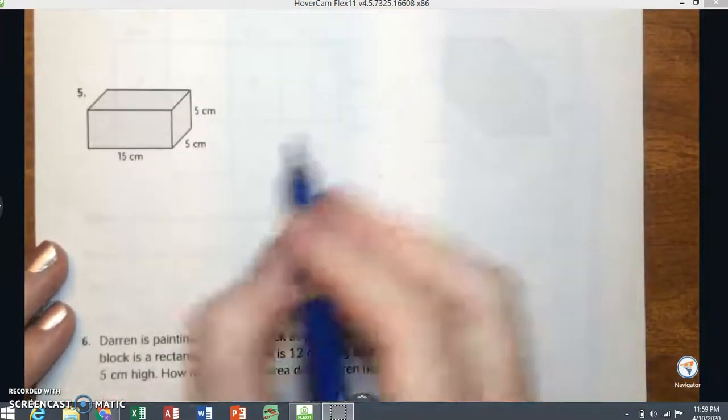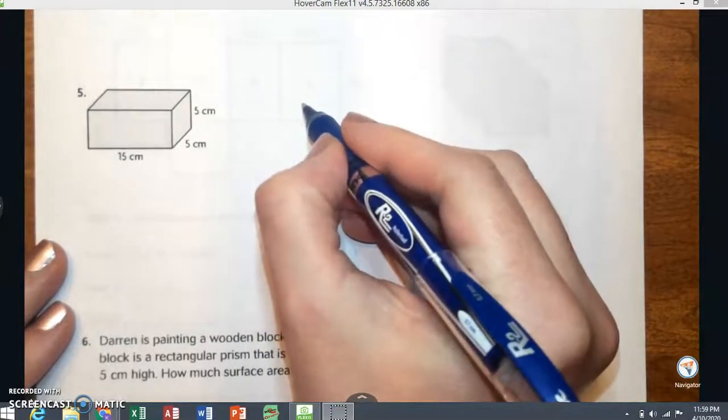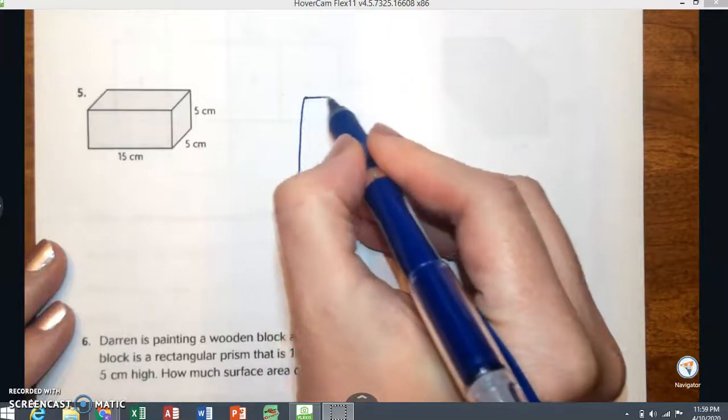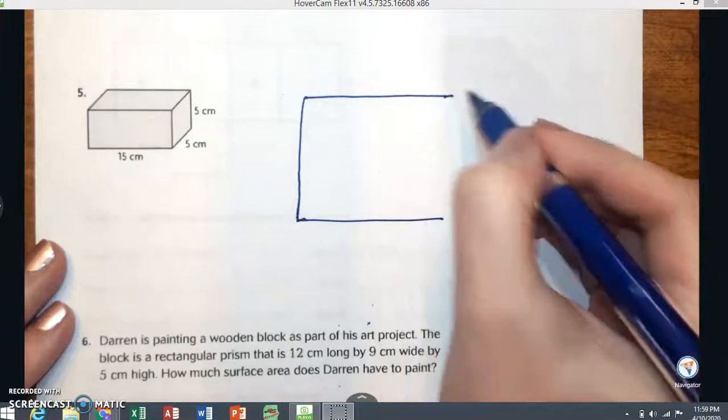Alright, next we have another rectangular prism. And these may not be drawn to scale since I'm doing it by hand.